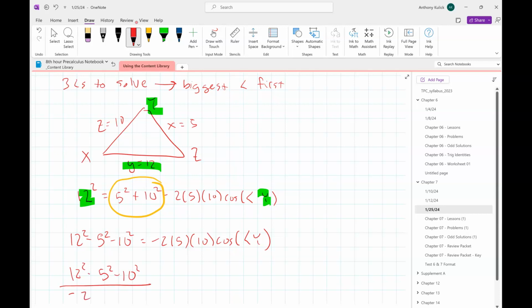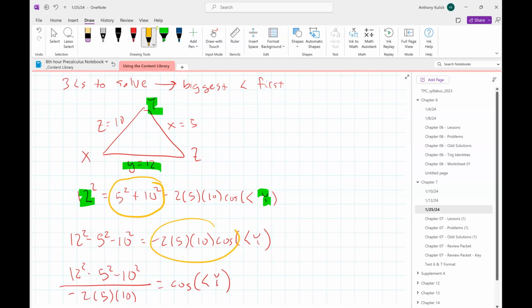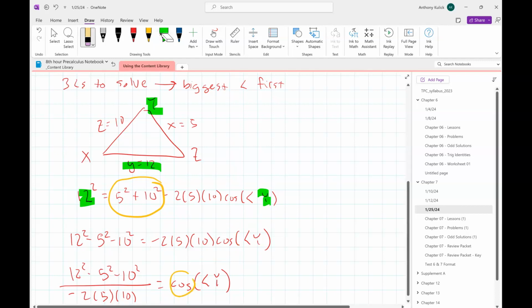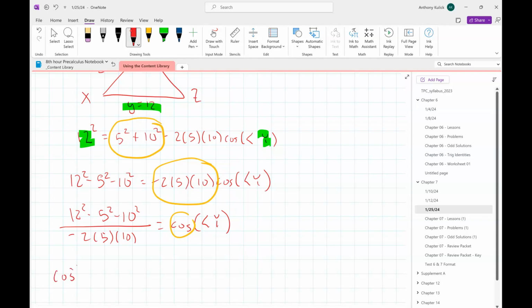It just looks weird, but it's like normal solve for X algebra. And now to get rid of this cosine Y, what do I have to do to cancel that out? What's that, Nick? Yeah, cosine inverse. So I do that to both sides.